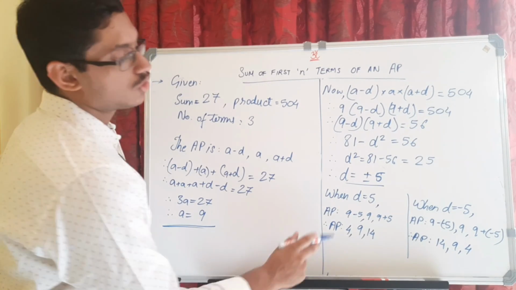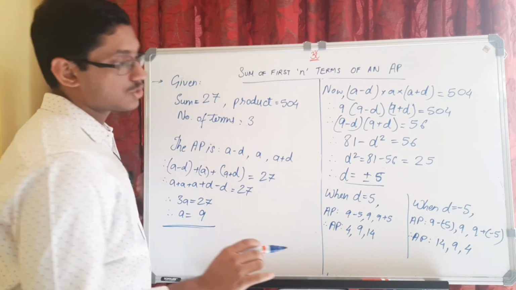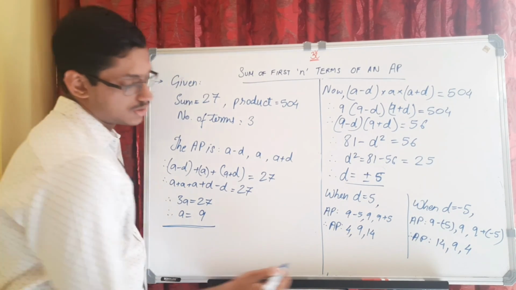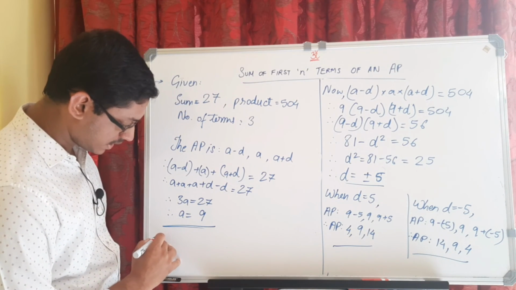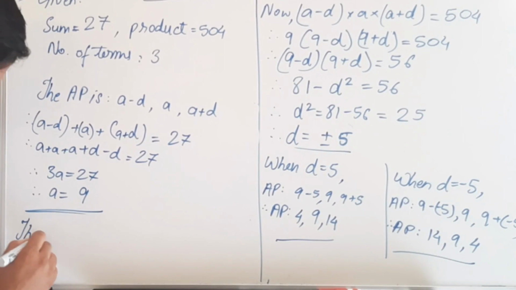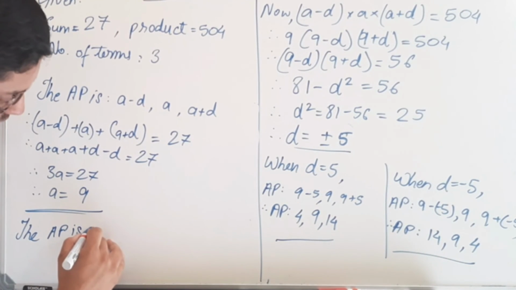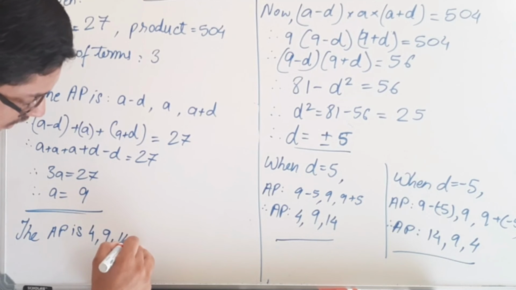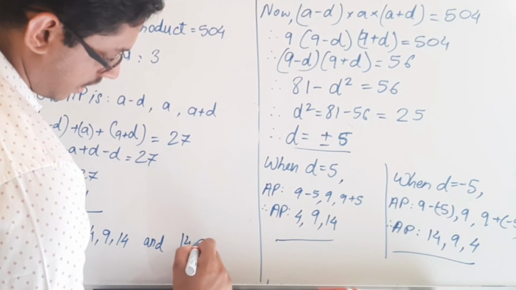Alright, so we got two possibilities: one when d is equal to 5, another when d is equal to minus 5. So underline them, and in the answer statement we have to write the AP is 4, 9, 14 and 14, 9, 4.